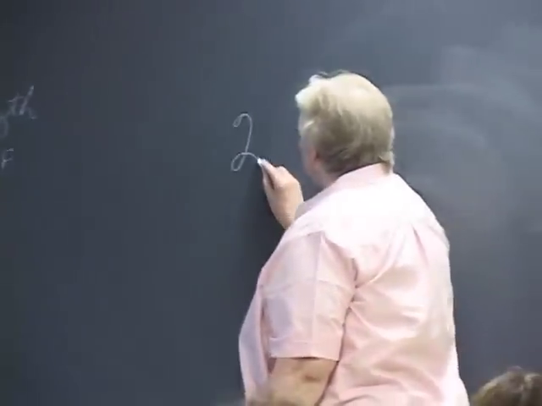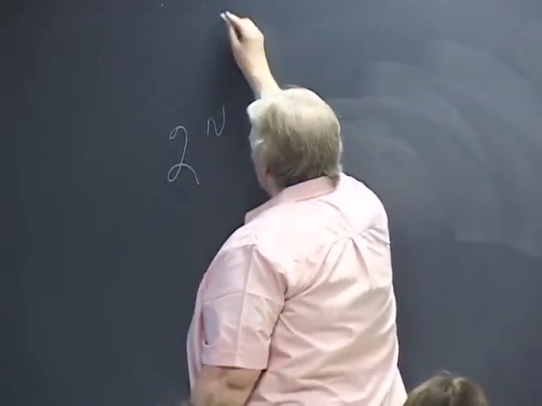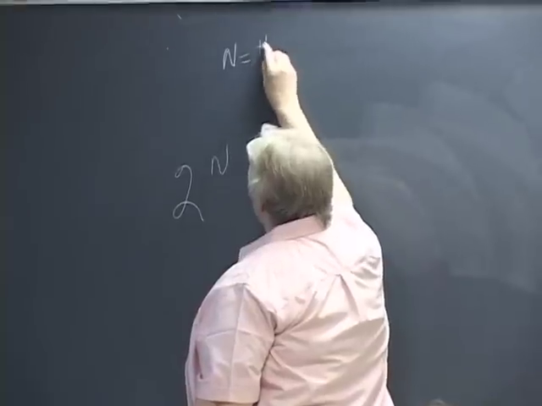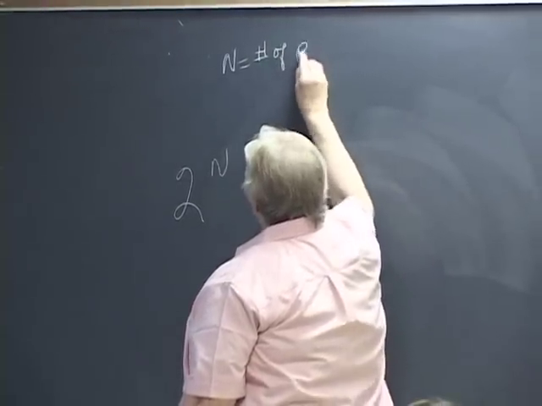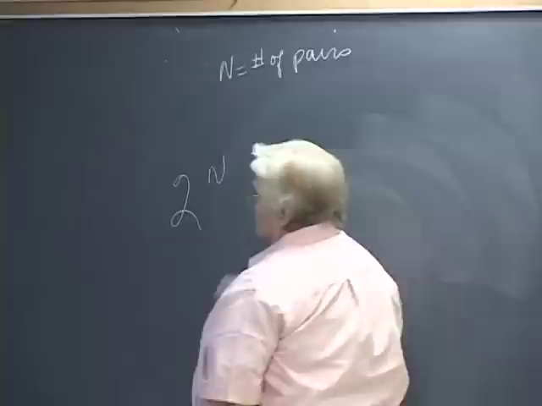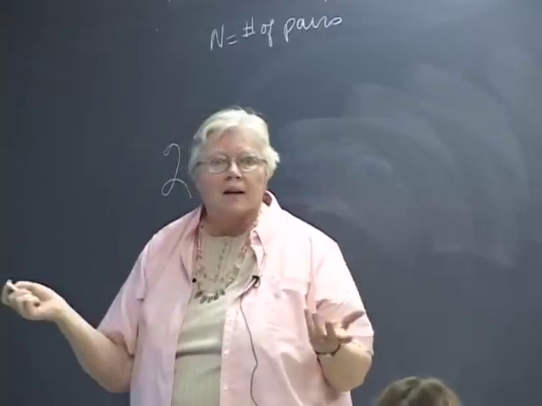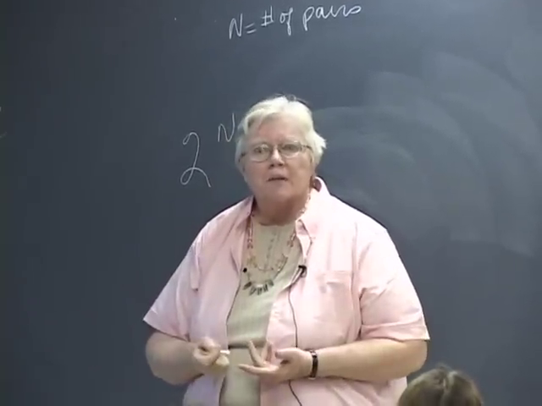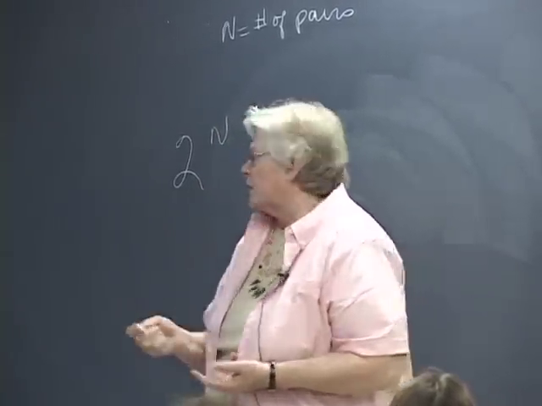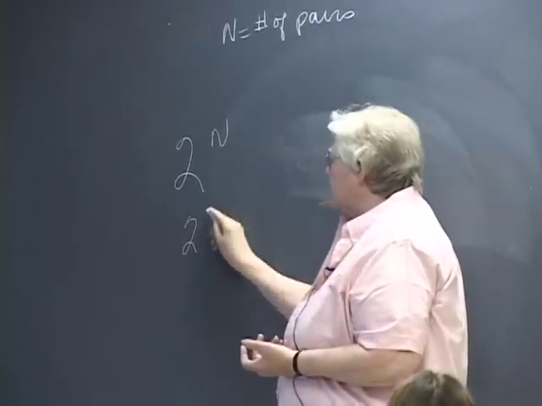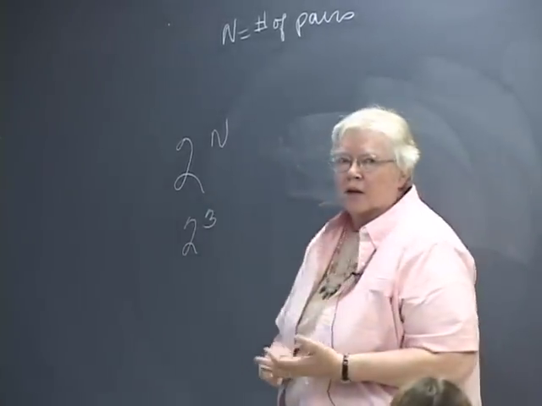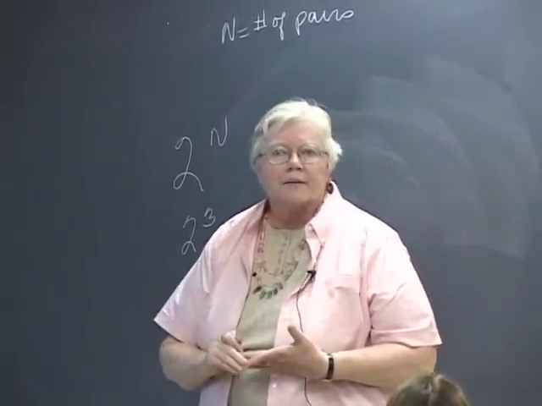Okay. Now, if you want to know what the possibilities are, someone figured this out, that the possibilities are 2 to the nth power, when n equals the number of pairs. Okay, so in this organism over here, unnamed, it has three pairs of chromosomes, right? So the possibilities would be 2 to the 3rd. 2 times 2 is 4, times 2 is 8.